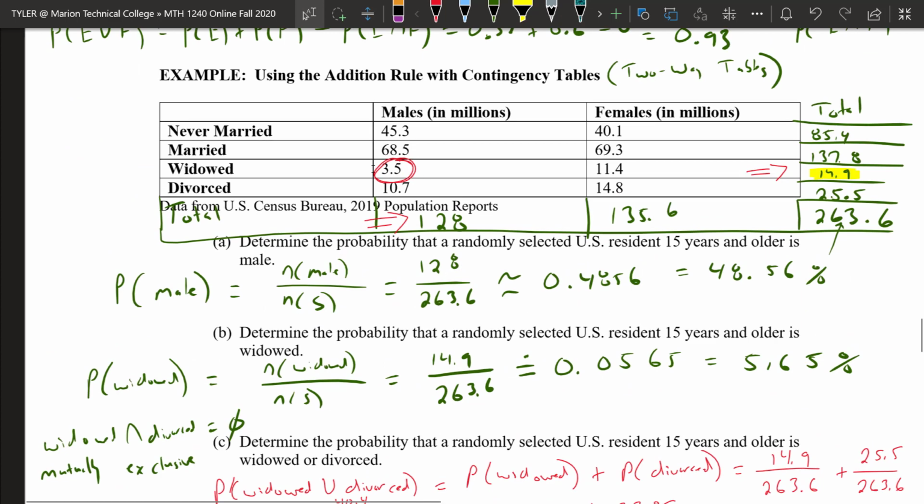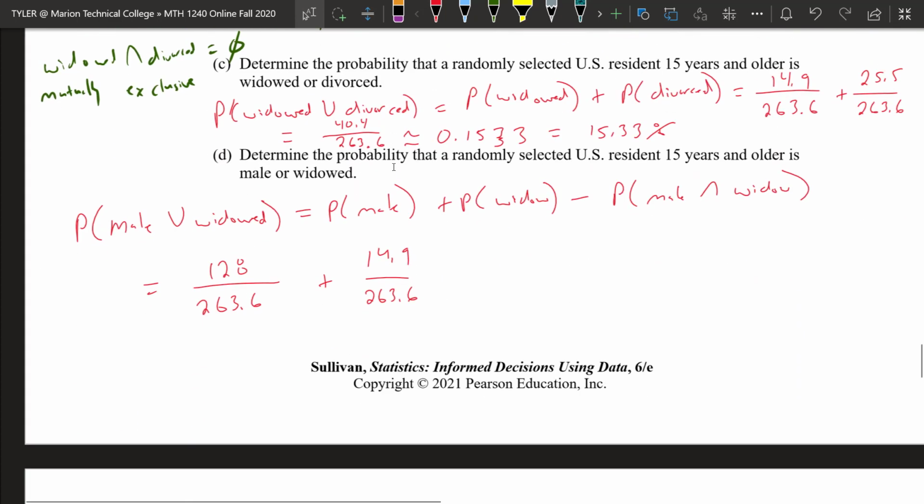Then we're looking for that 3.5 number, which represents the number of males that are widowed. We have to subtract that out, so we'd have minus 3.5 out of 263.6. Just remembering that 3.5 is added in this number and also in this number, so we don't want it twice. We want to count those people just once, so that's why we have to take it away.